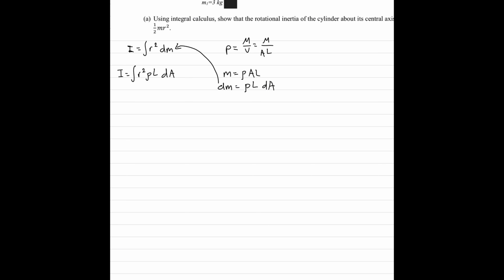Okay, so we know the area of a circle is A equals pi r squared. And then if we take the derivative of area, we get 2 pi r dr, right? Because the thin rings have different radii away from the axis of rotation. So we get this equation, so we plug it in.